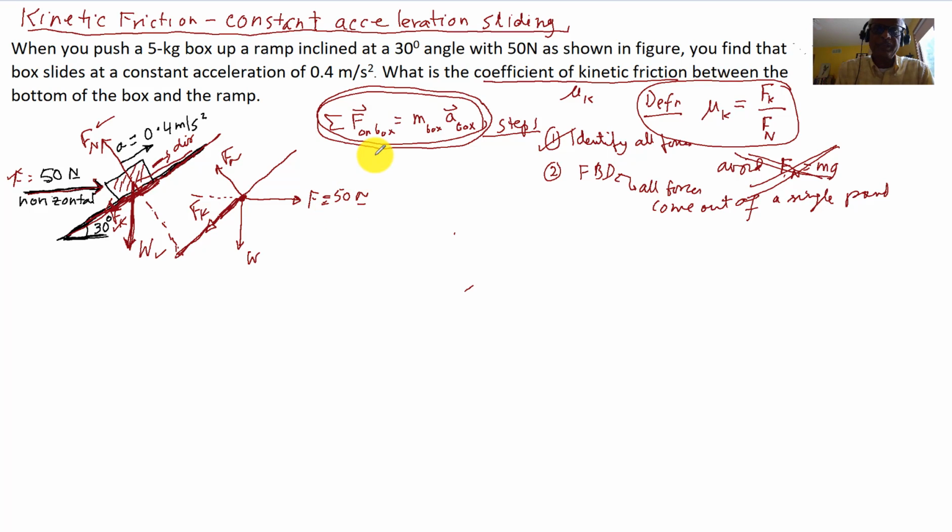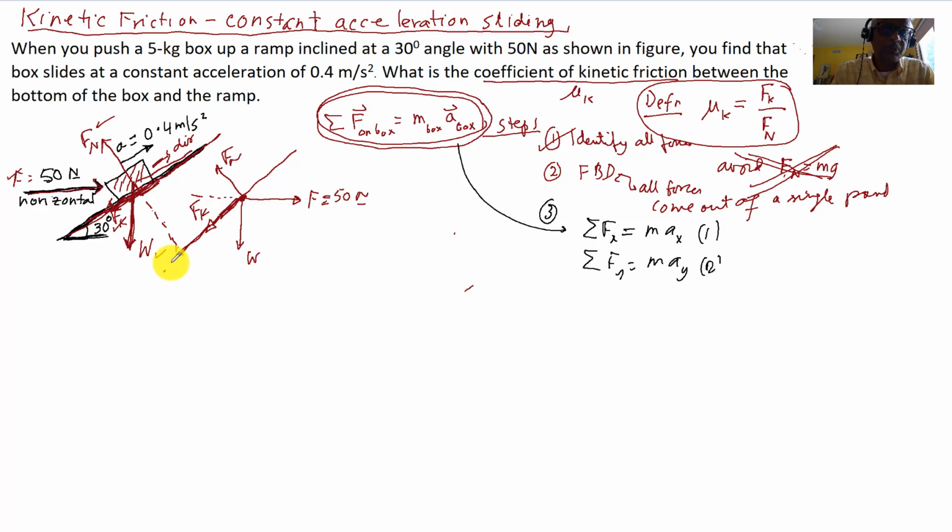Okay, the next step is to take this into components: the sum of all the Fx equals mass times ax, and the sum of Fy equals mass times ay. So these are two equations we need to set up, which means we need to think about the x and y axes.